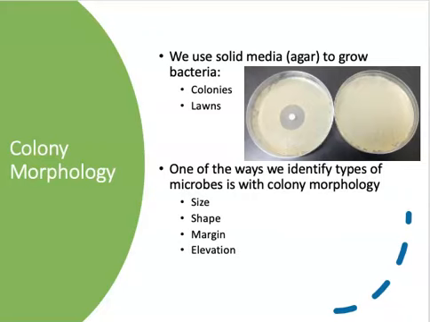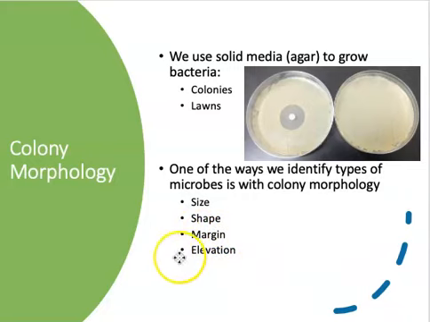What kind of things do we look for? Well, we look for the size of the colony, the shape of the colony. We look at the color of the colony, whether or not it's shiny or dull on its surface. We look at the margin of the colony or the edge and evaluate whether it's smooth or rough.